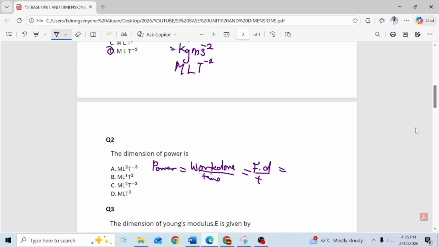The unit for force is kilogram meter per second squared times meter divided by second. This will give us kilogram meter squared per second cube. So the dimension will be M, L raised to the power of 2, T raised to the power of minus 3, and the answer is A.